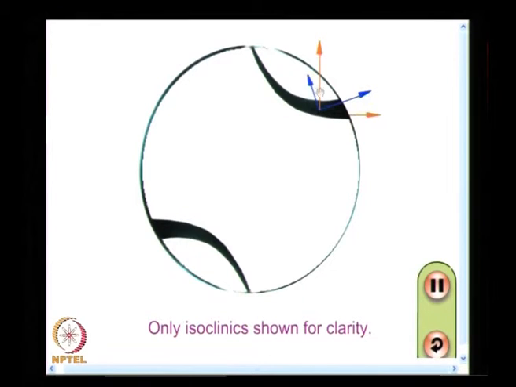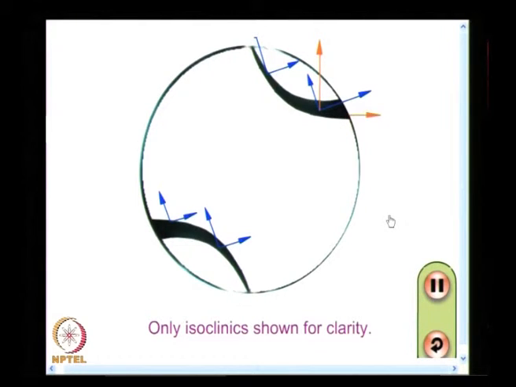So, what I have initially is only isoclinics drawn, and you find this is the reference axis, and this is the orientation of principal stresses at the point of interest. The length of the vector indirectly indicates its magnitude. What is attempted to be shown here is, sigma 1, sigma 2 can have different values, the orientation remains constant.